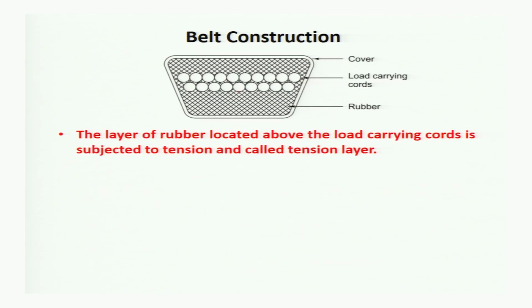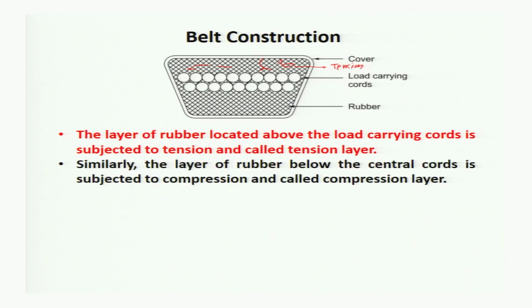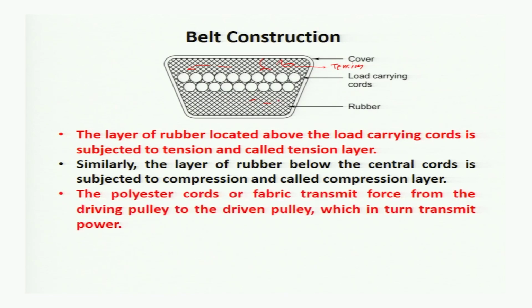The layer of rubber located above the load carrying cord, this one, is subjected to tension and called the tension layer. Similarly, the layer of rubber below the central cord is subjected to compression, and thus is called the compression layer.